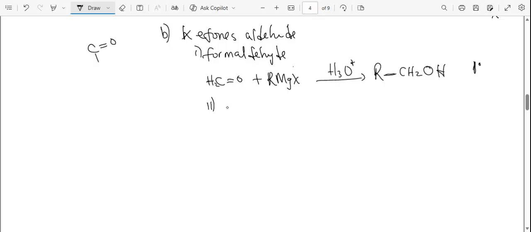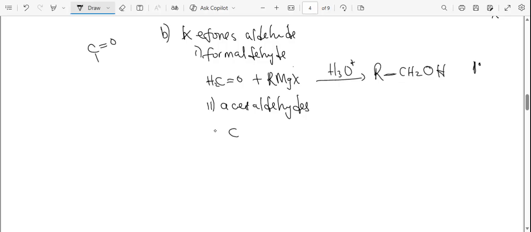So with the acetaldehyde, it involves the second carbon, two carbons in that aldehyde.